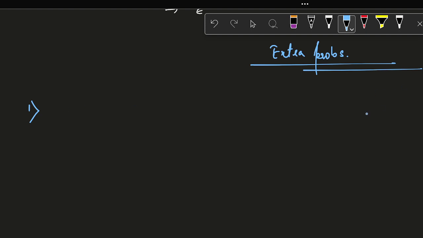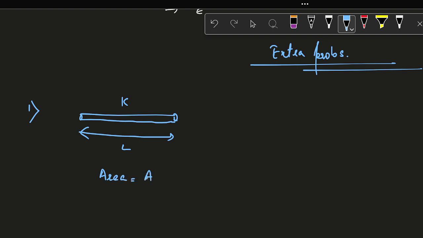Okay, so in the problem you are given a rod like this, and the length of the rod is given, that is capital L, and the thermal conductivity of the material of the rod is K. Also the cross section area of the rod is given as capital A, and the rod has two ends, end number 1 and 2, both at different temperatures, T1 and T2.